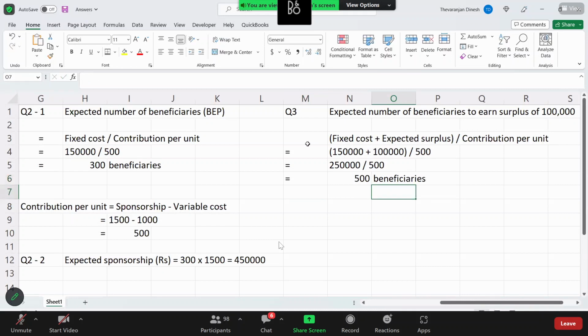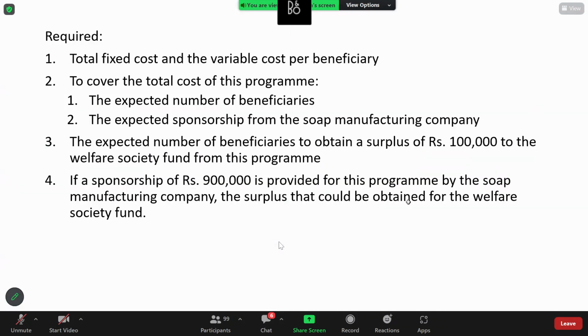If we have 500 beneficiaries, then we can cover up the cost plus earn an additional 100,000. That was question number 3: if you want an additional 1 lakh, how many beneficiaries must you have? I hope you have understood question number 3.